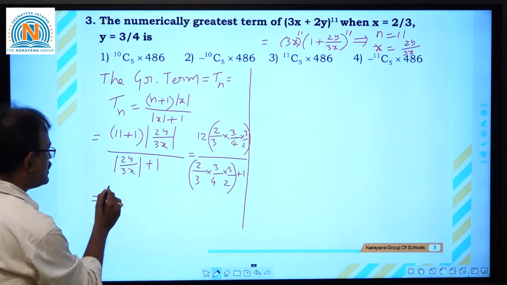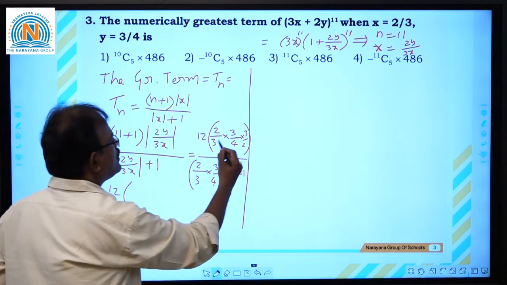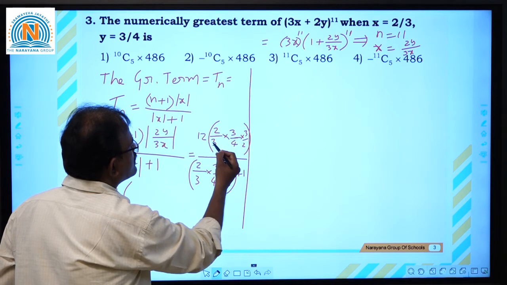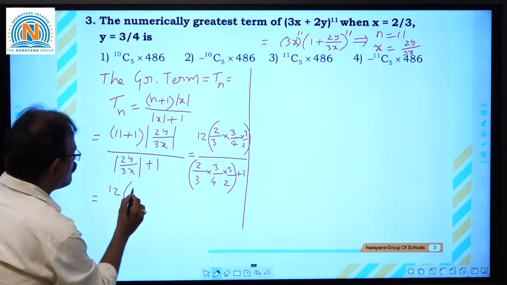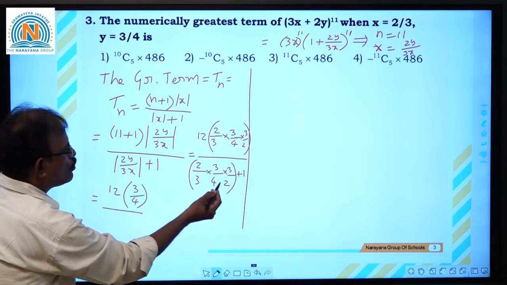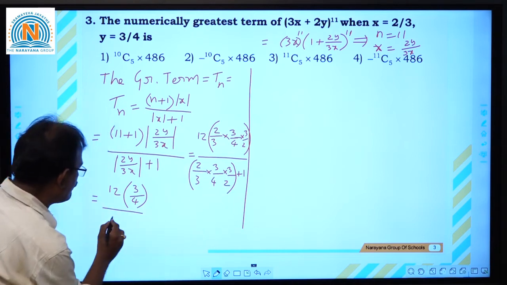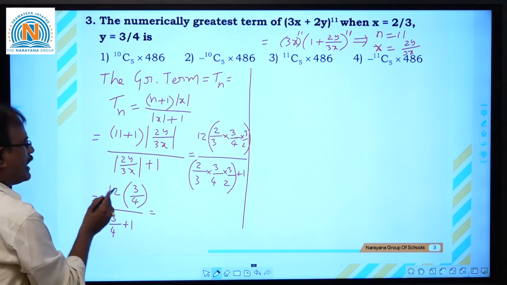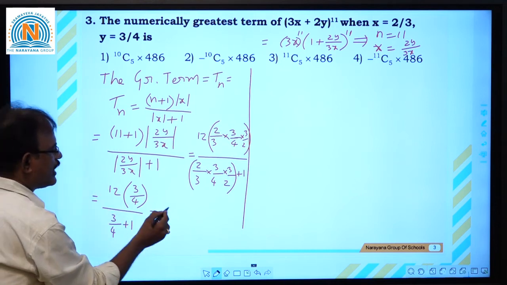Now this is 12 into, here 3 getting cancelled, 2 getting cancelled, this is 3 by 4. Again this 2 getting cancelled, 3 getting cancelled, 3 by 4, plus 1. So 4 cancel in 12 3 times, 3 3s are 9.